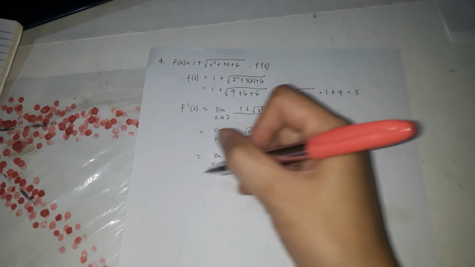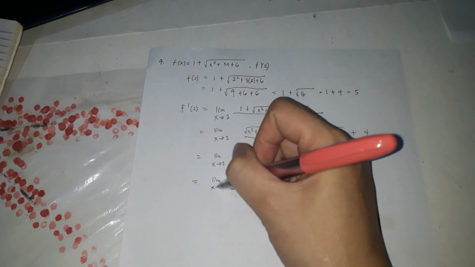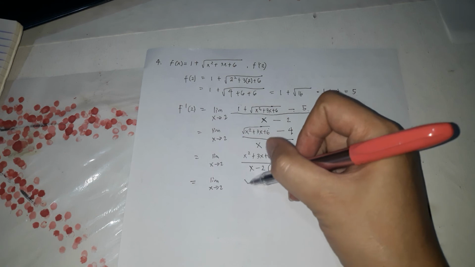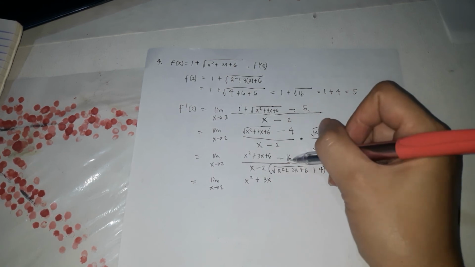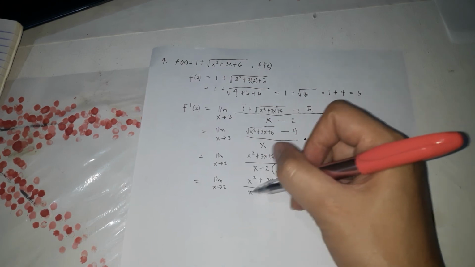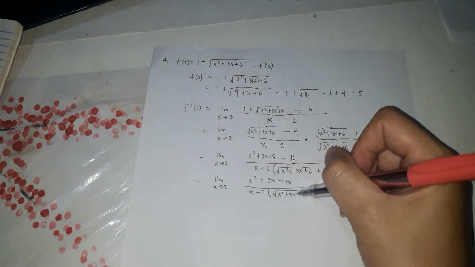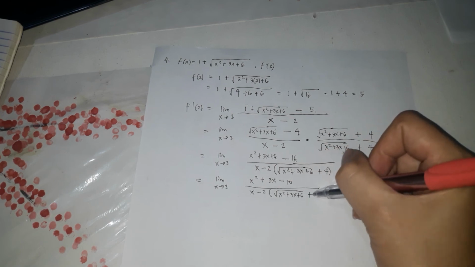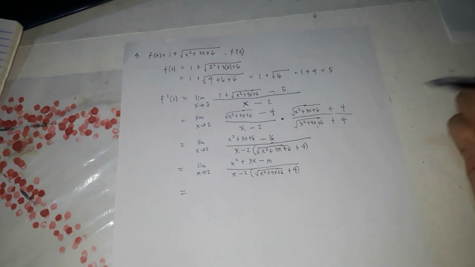So next, we're going to simplify this one. Limit as x approaches 2. So x squared plus 3x plus 6 minus 16 is x squared plus 3x minus 10, over, copy this, x minus 2, times square root of x squared plus 3x plus 6, plus 4. Next. We need to simplify this one.